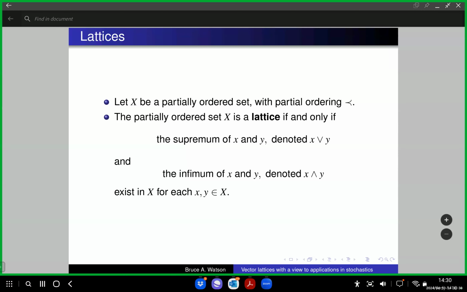Since we are starting with partial ordering, we will define a lattice in terms of what we have already talked about.